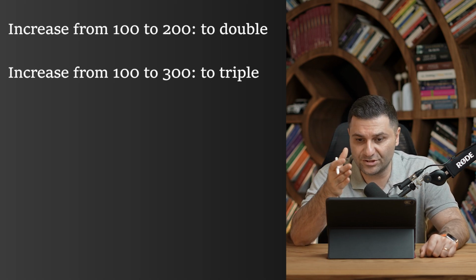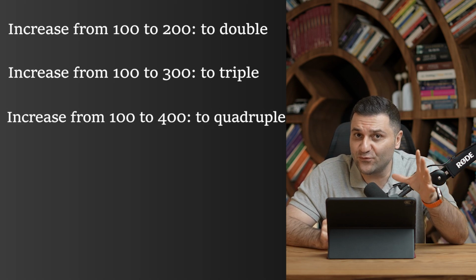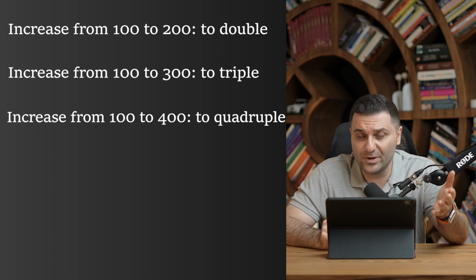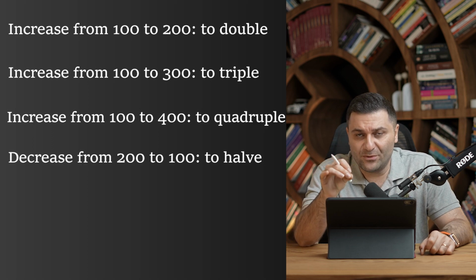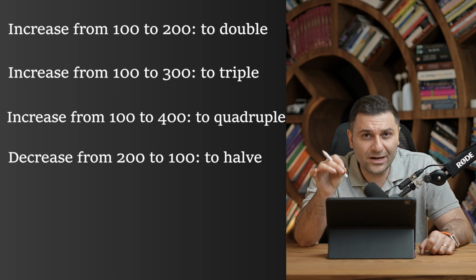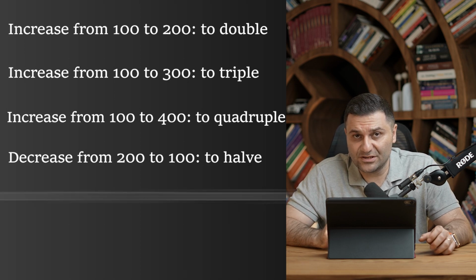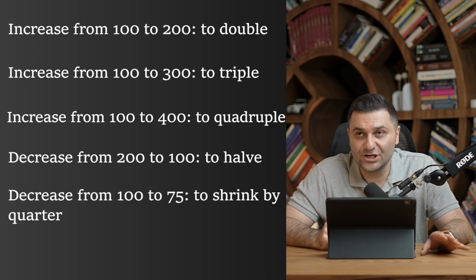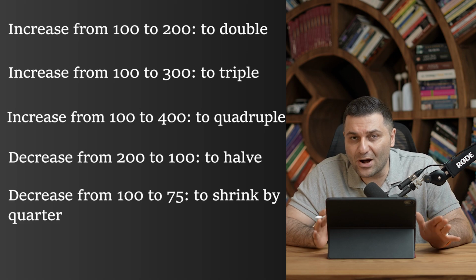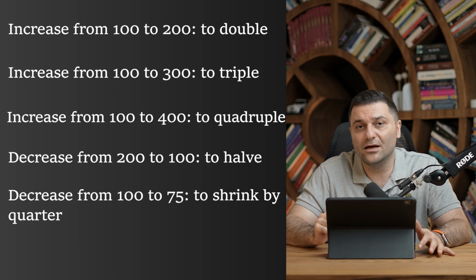If there is an increase from 100 to 400, then the verb is to quadruple. And if there is a decrease from 200 to 100, then it's to halve. If the decrease is from 100 to 75, we can say to shrink, or fall, by a quarter.